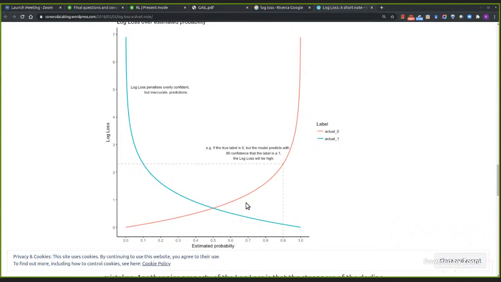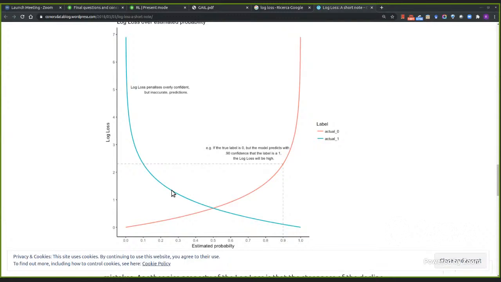One is the expert data in our case, and the other one is the other policy data. So here is one example. The red is telling us the actual true label, so whether it's an actual 0 or an actual 1, an actual expert data or an actual non-expert data.